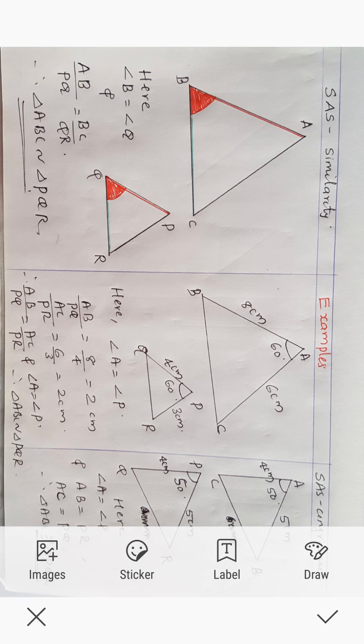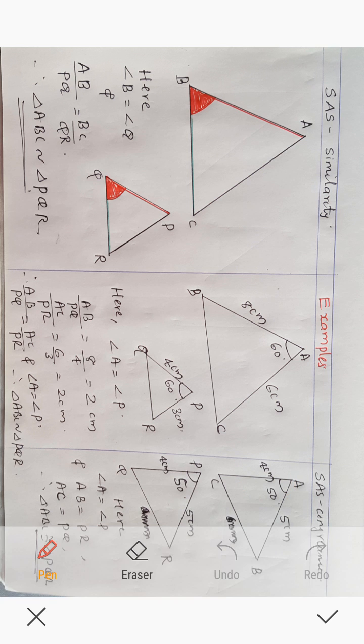Means two sides must be equal. Here also these two sides are equal, these two sides are equal. And the angle between them also must be equal. Angle included in between them also must be equal.